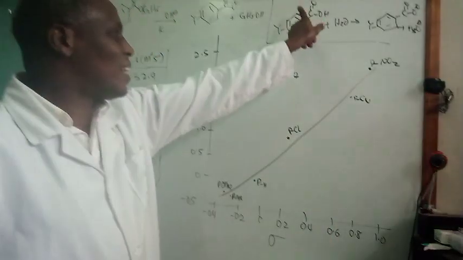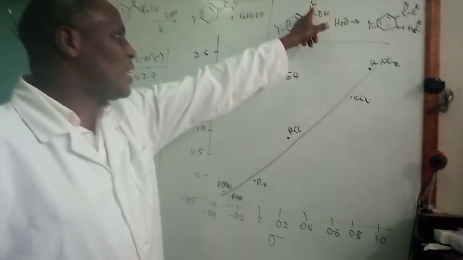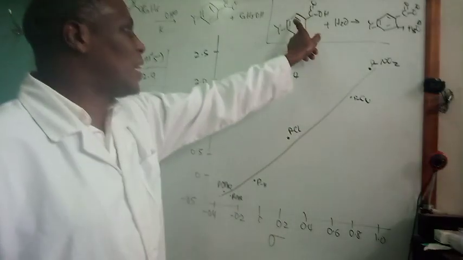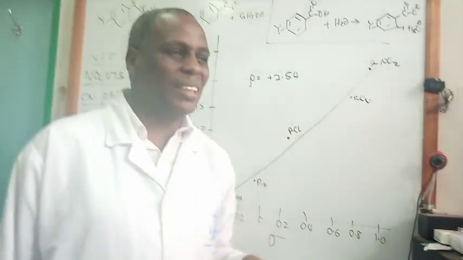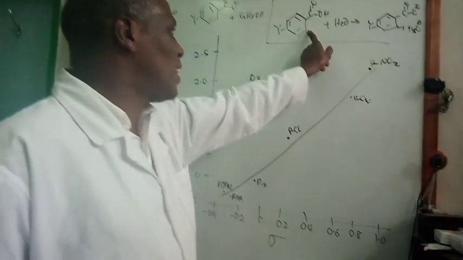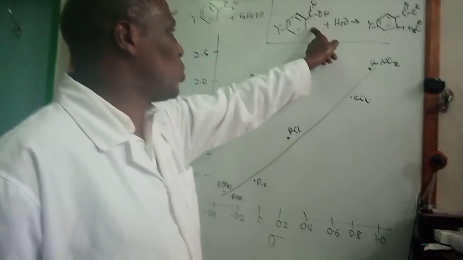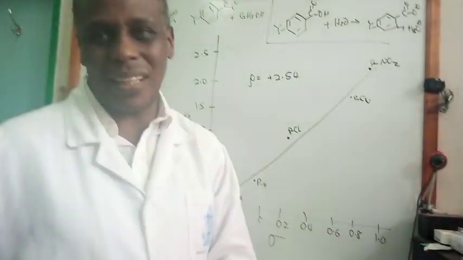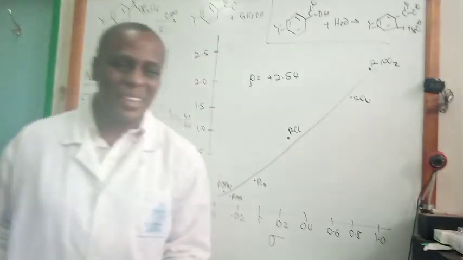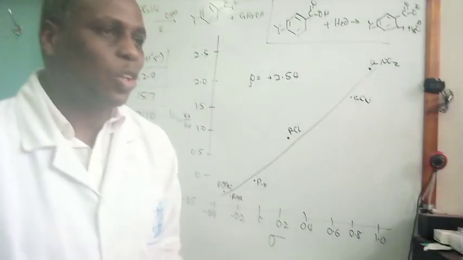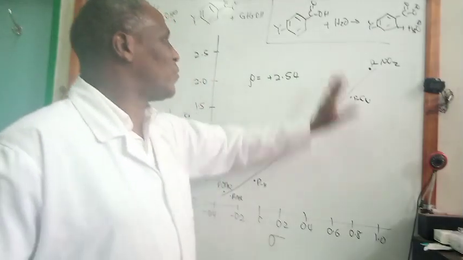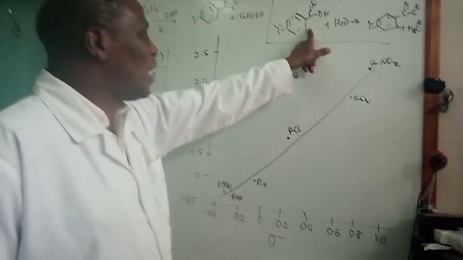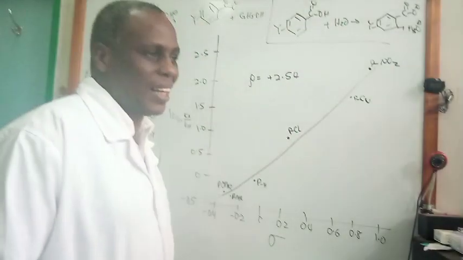If you are going to have a group at the ortho position, or there is no benzene ring that keeps its rigidity, and if you're going to have a group at this position here, then that group is going to interfere with the reaction center, and therefore you're not going to get a linear plot. Yeah, you're not going to get a linear plot. Some other scientists have put in corrections for groups which are either attached at the ortho position or are aliphatic groups.